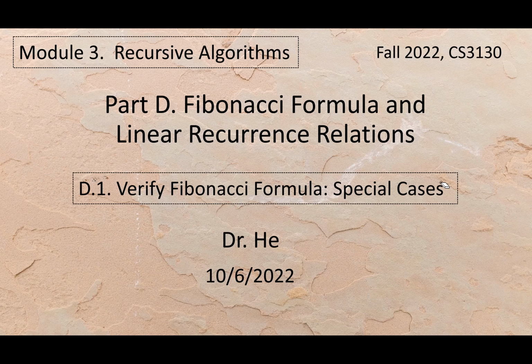Even for verification, that is not easy. We need to split it into two steps. The first step, we only work on special cases, smaller, simple, special cases. Then step two, work on the general case.